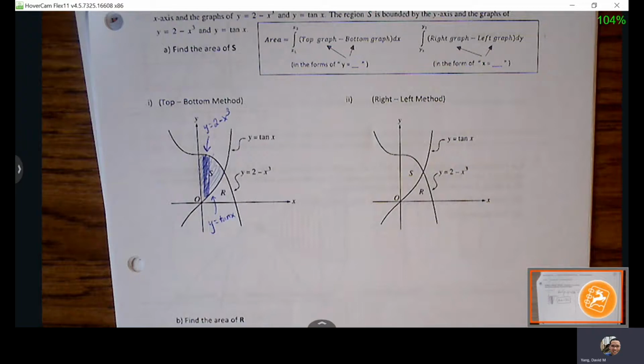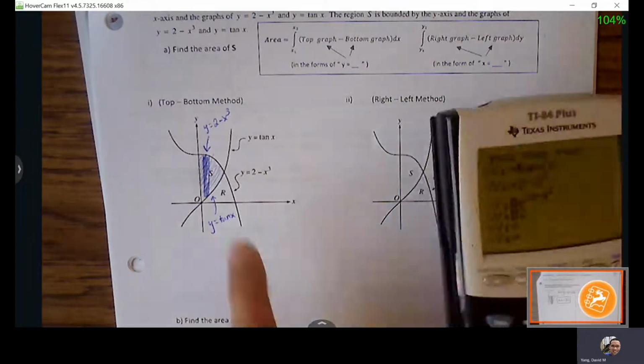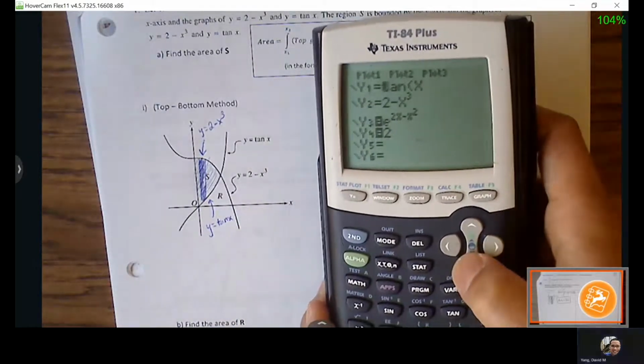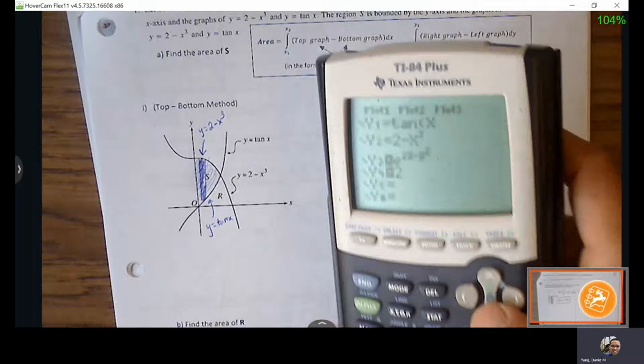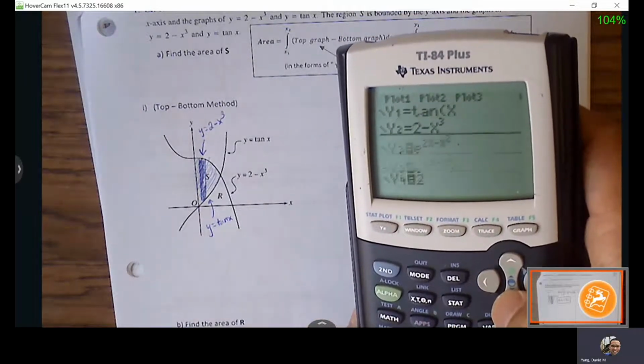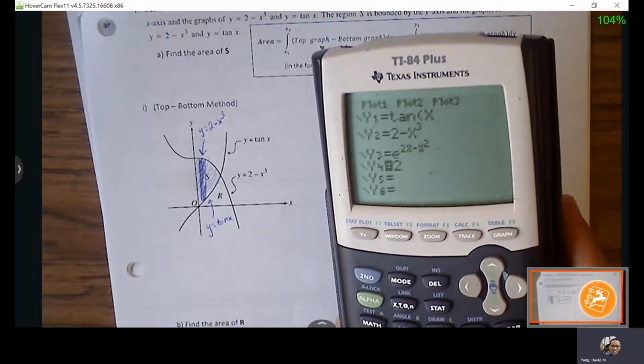I'm going to do it using the graphing calculator, the 36 Pro. Let's go to y equals. I'm going to help you practice entering this in your calculator. If you're using your scientific calculator, just hold on a second, I'm going to walk you through finding that intersection.